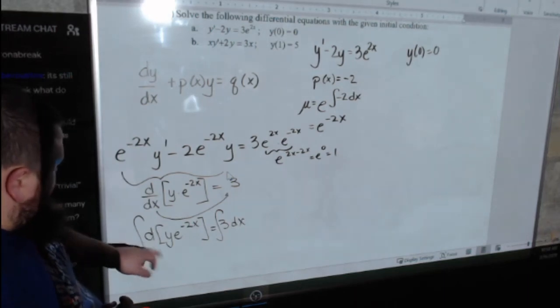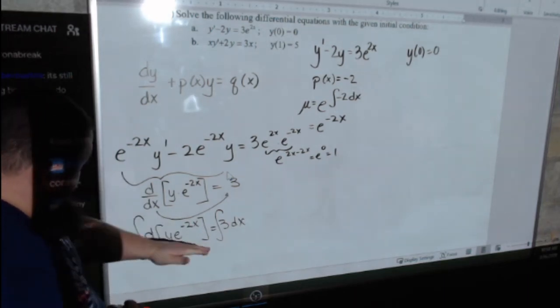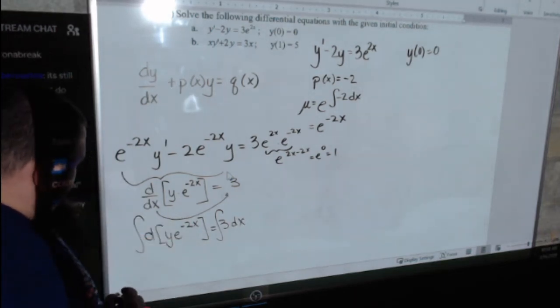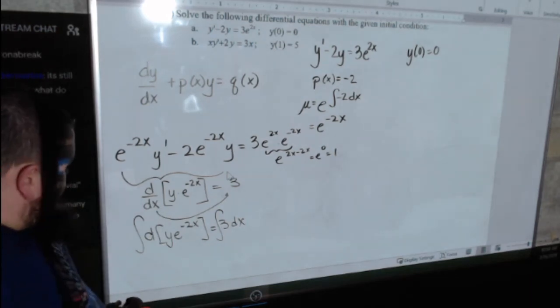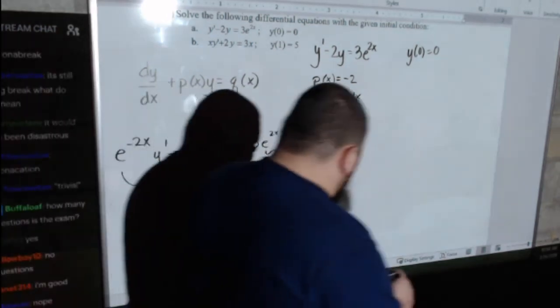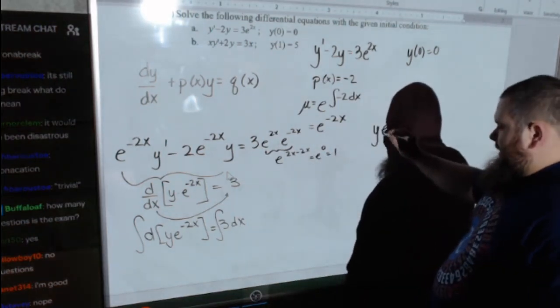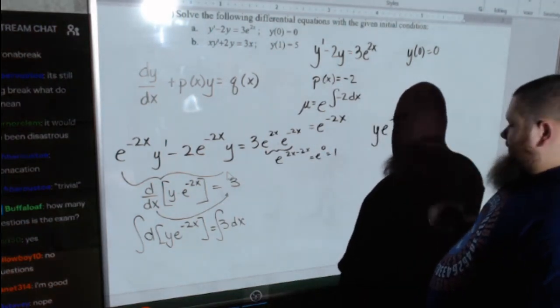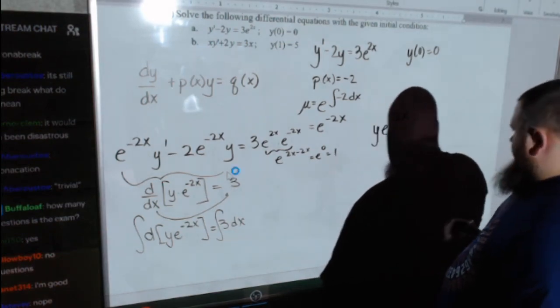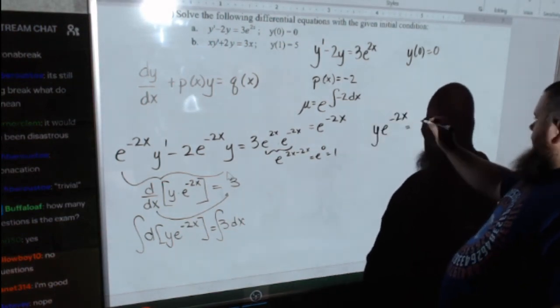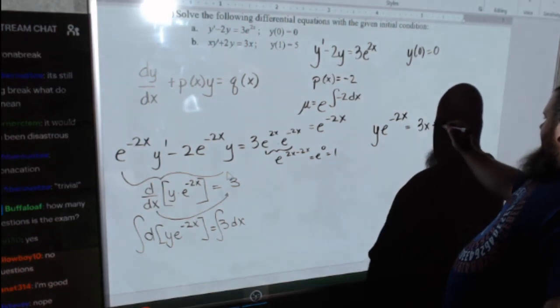So the integral of the differential, I'm just going to get back what's inside those brackets. I'm going to come over here now. So I have y e to the minus 2x equals 3x plus c.